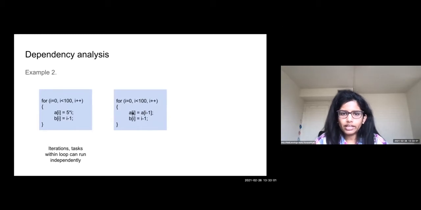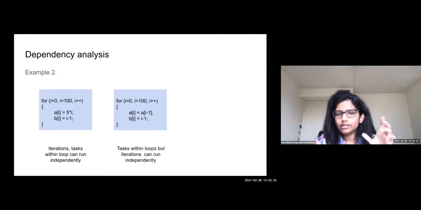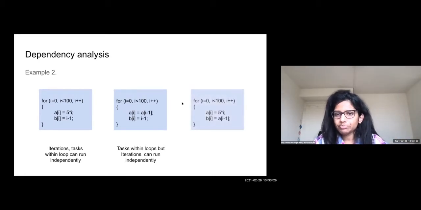The current value of A depends on the previous value of A. The current value of B is I minus 1. If you look into the two statements, there's no dependency among them. So the tasks within the loop can run independently. But if we consider the individual iterations, we see that the current value of A depends on the previous value of A. So in this case, tasks can run independently, but the iterations cannot run independently.